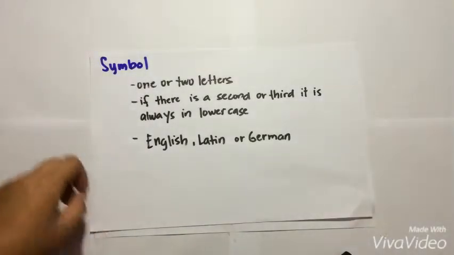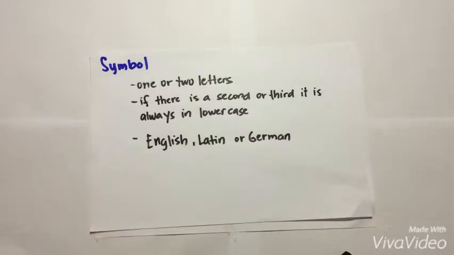Next up, we have the symbol. The symbol of an element is made up of 1 or 2 letters. The first letter of each symbol is always a capital or uppercase letter. If there is a second or third letter, it is always in lowercase. Each symbol of an element comes from English, Latin, or German.